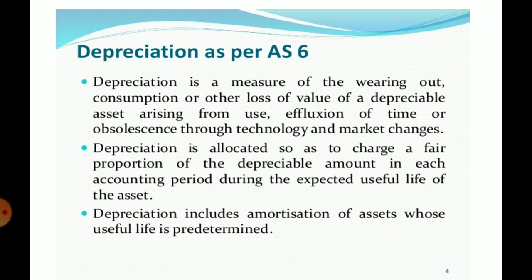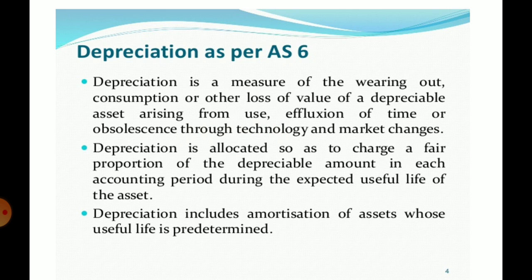Now, depreciation as per Accounting Standard 6. Depreciation is a measure of the wearing out, consumption or other loss of value of depreciable asset arising from the use and obsolescence.